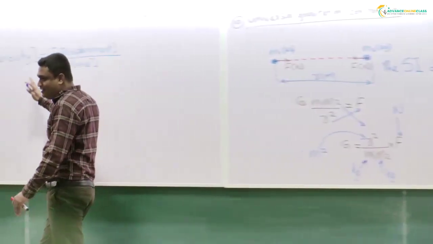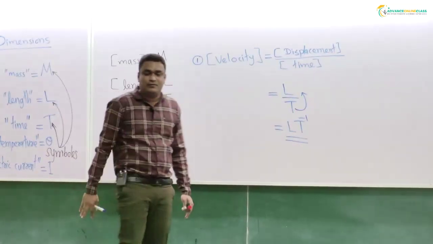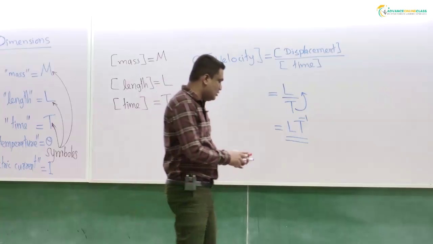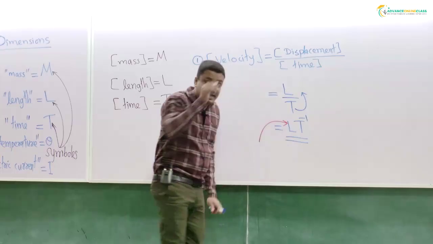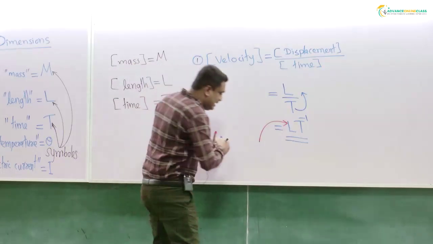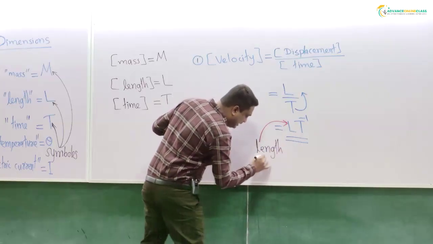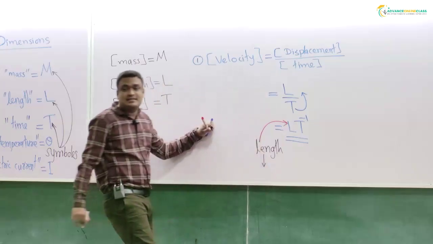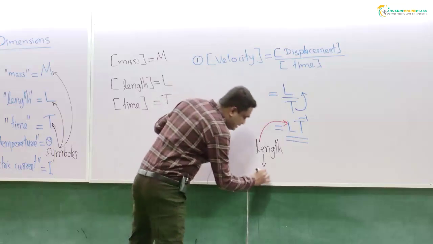What's the target there? Finding the fundamental units of physical quantities. Look at the board here. What is L? L is the dimension of length. What is the SI unit of length? Meter.